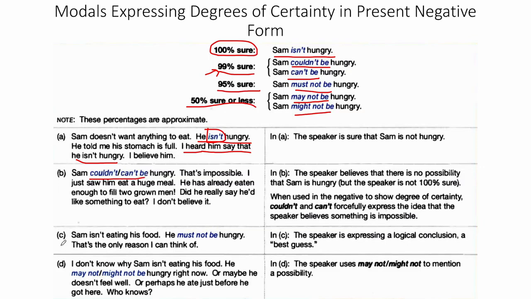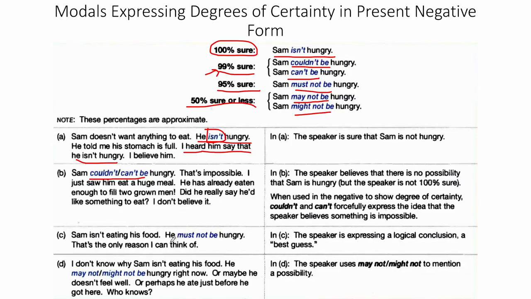Then, Sam isn't eating his food. He must not be hungry. That's the only reason I can think of. So here there is no proof for me to be very much sure, but I'm simply making a logical guess, a logical conclusion about Sam, because of why he is not eating now.